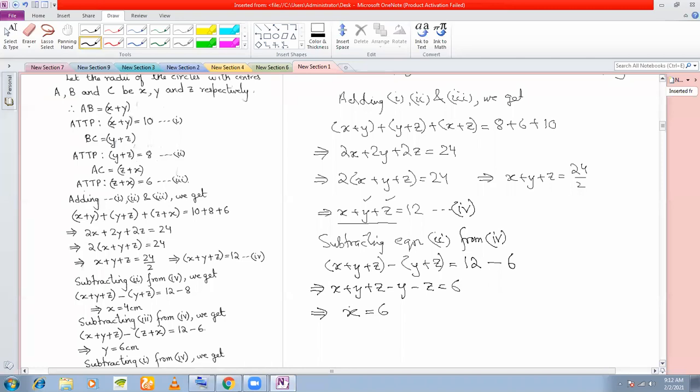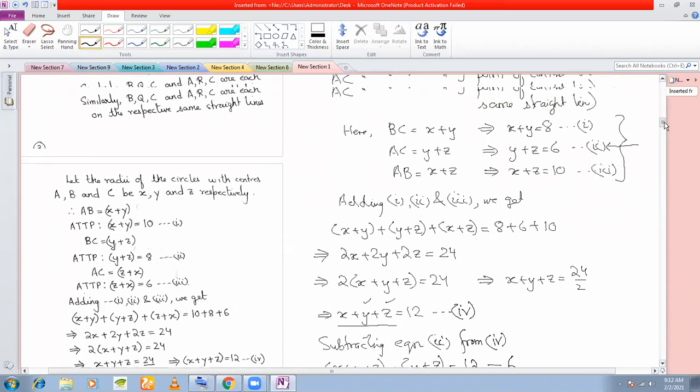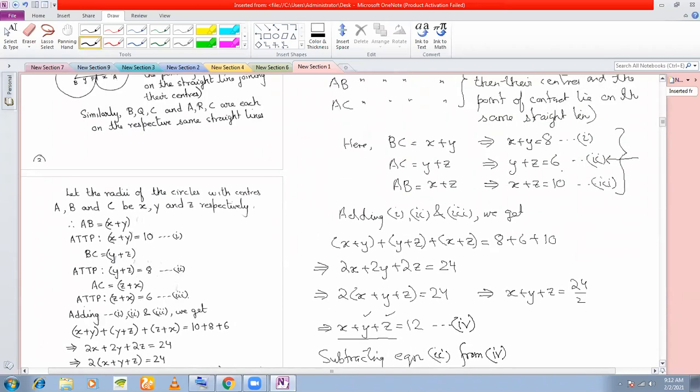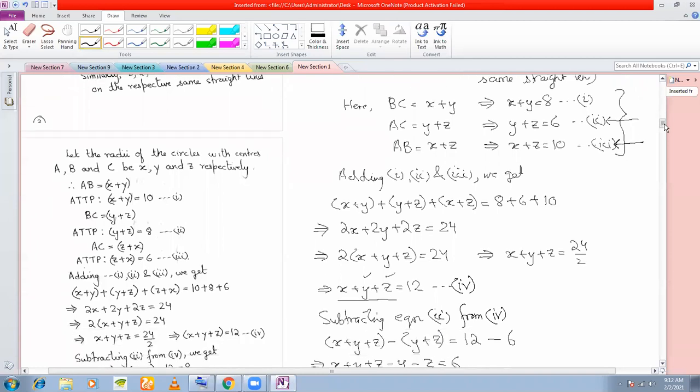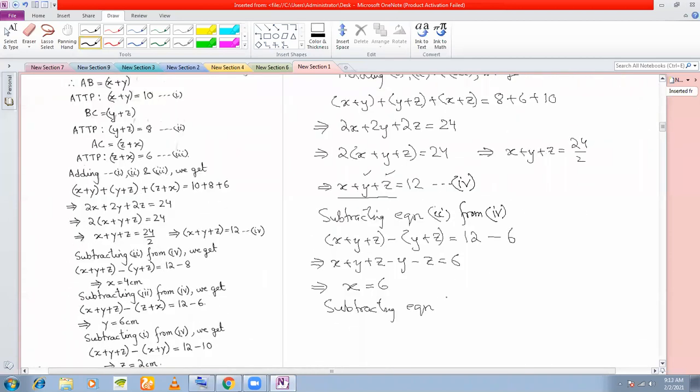In order to solve for y, what should we subtract? In order to solve for y, we need to remove x and z. So which equation contains x and z? The third equation contains x and z. So what we do is we subtract 3 from 4.